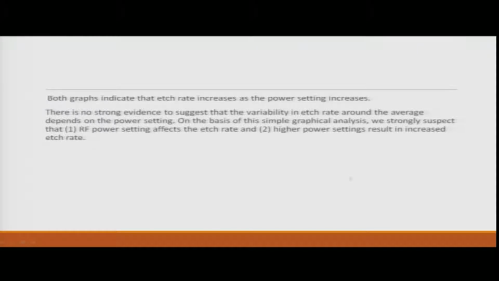Both graphs indicate that the etch rate increases as power setting increases. There is no strong evidence to suggest that the variability in etch rate around the average depends on the power setting. The average obviously would be changing, but considering there is a huge amount of fluctuation in and around the mean value with respect to the power, we cannot generally find out.